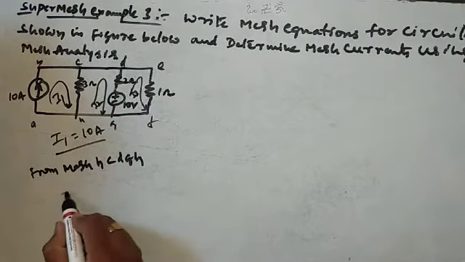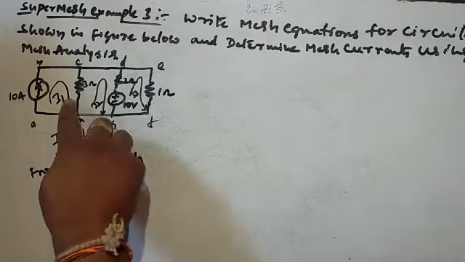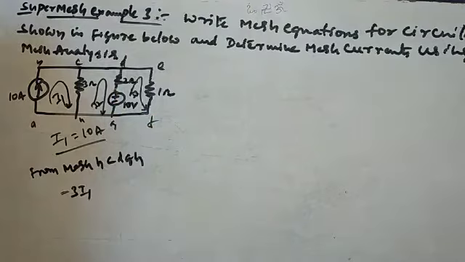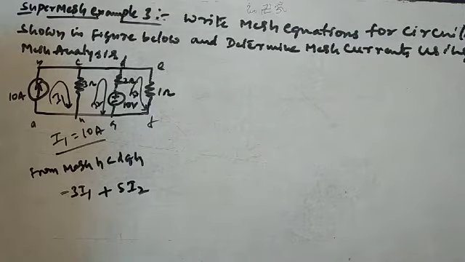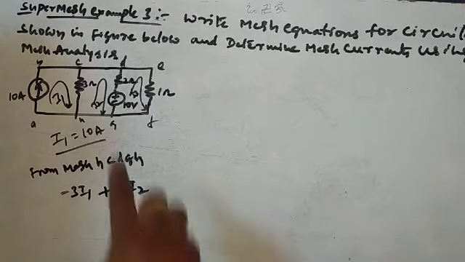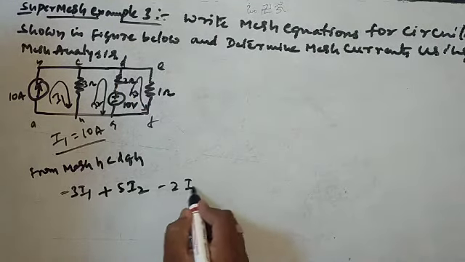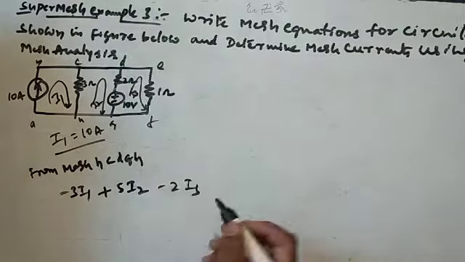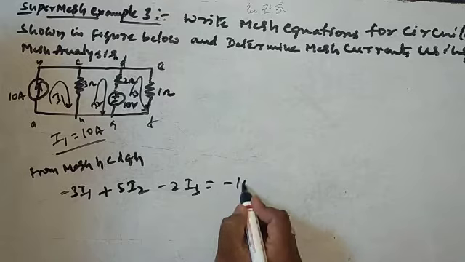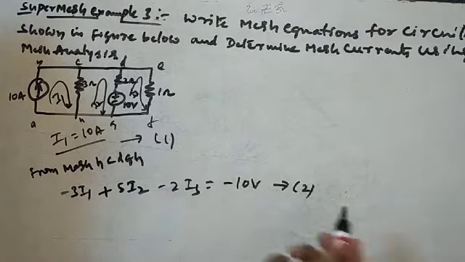So it is minus 3 into I1, and the 3 and 2 combination is for mesh 2, so plus 5I2. And this 2 ohm also belongs to mesh 3, so minus 2I3, and voltage I am moving from positive to negative, so that is minus 10 volt. Call this equation 1 and this is equation 2.